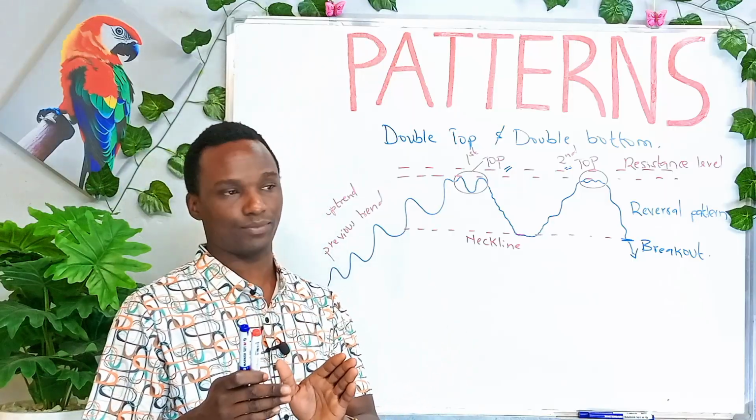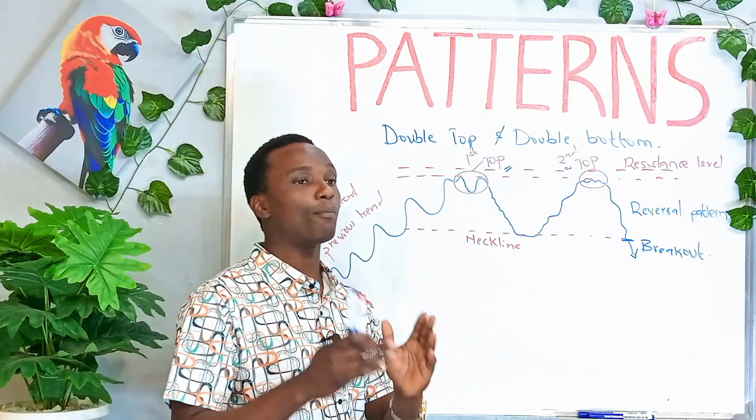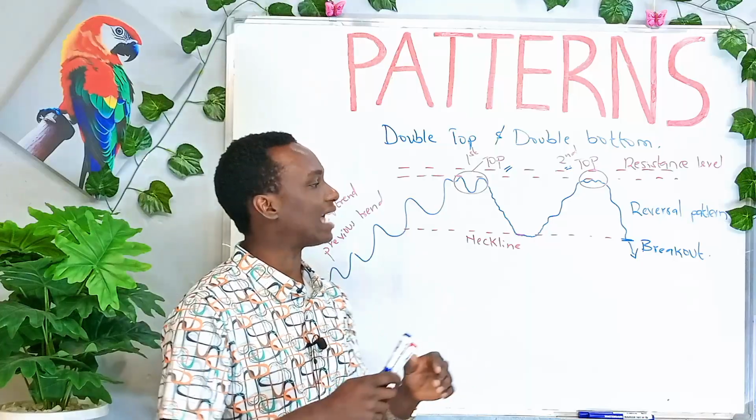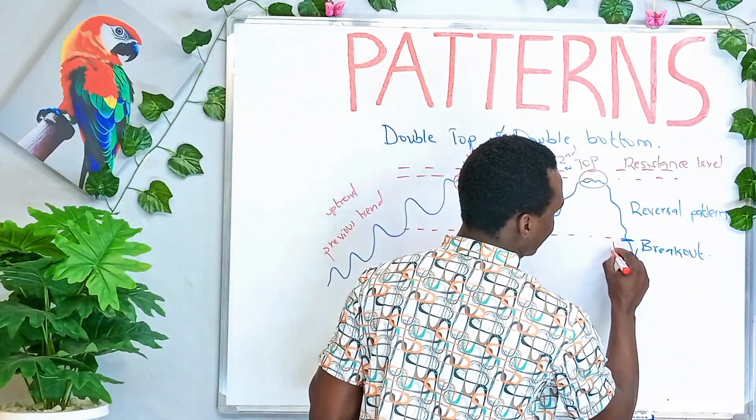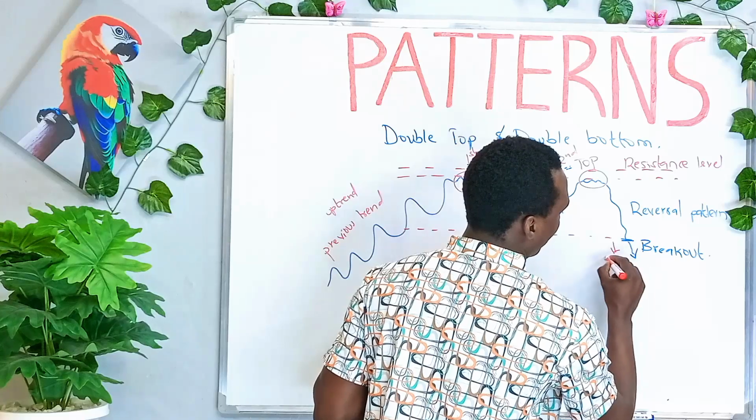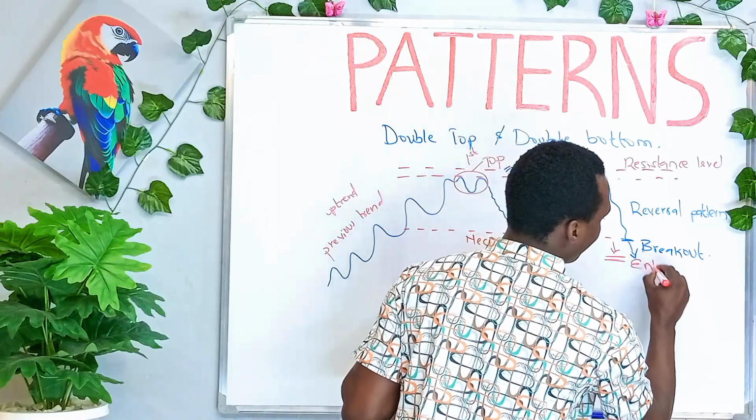With double tops, we would place our entry here, just some pips below the neckline.